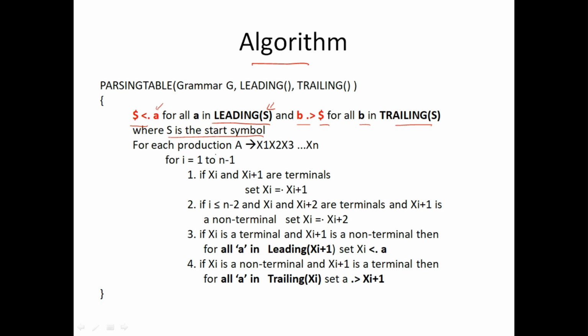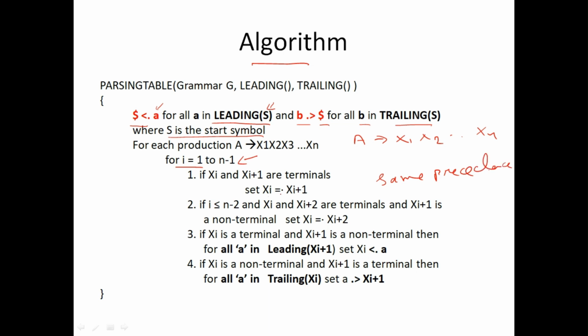Now, if you have a production like A is rewritten as x1, x2 till xn, then we have to perform a loop from i equal to 1 to n minus 1. If xi and xi plus 1 are terminals, then they have the same precedence level.